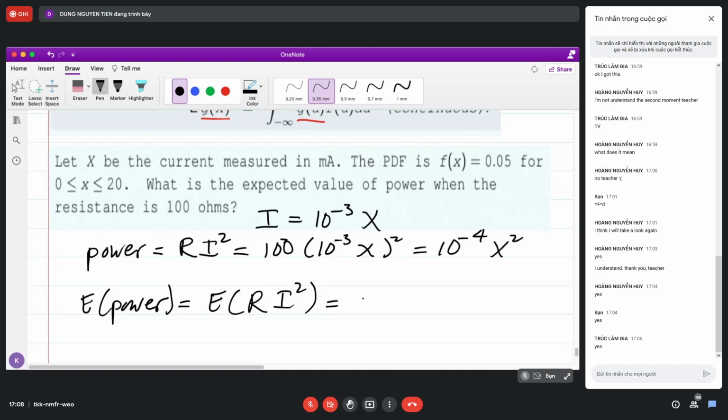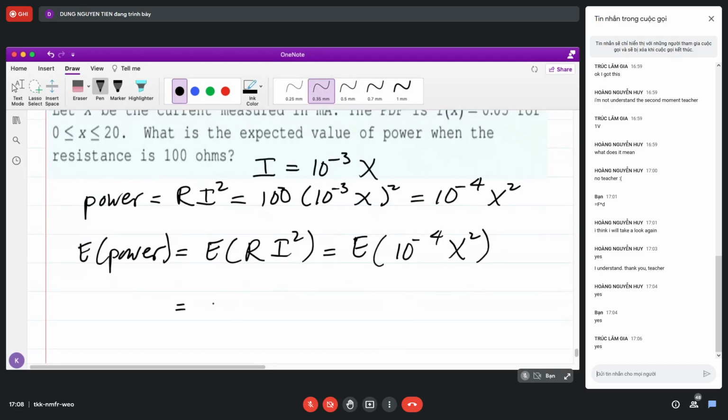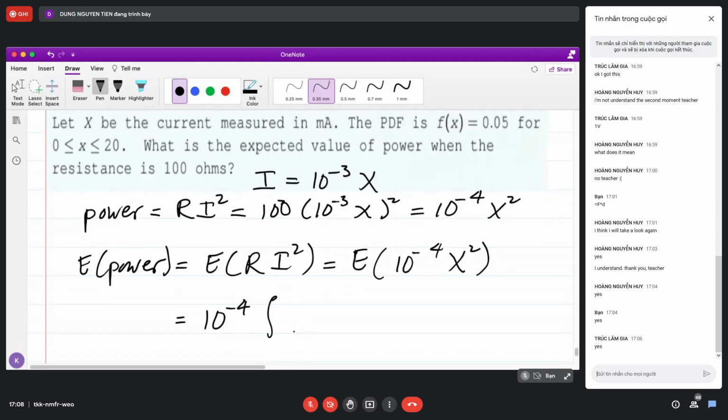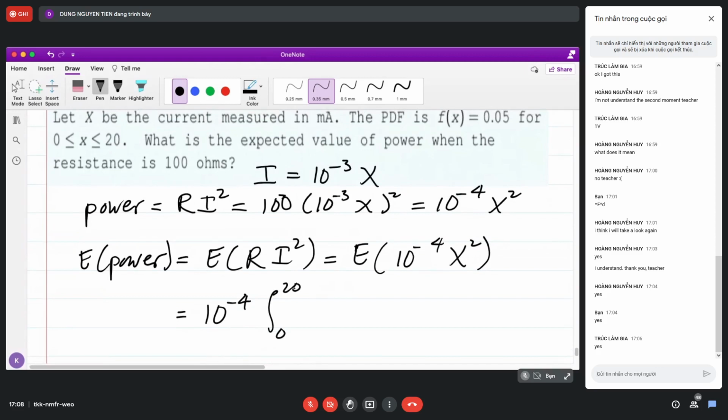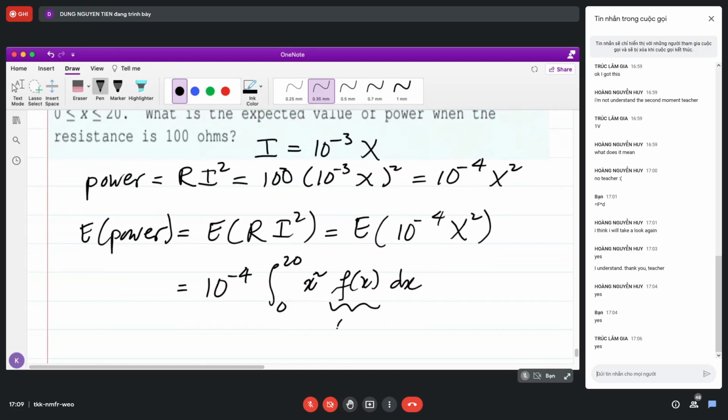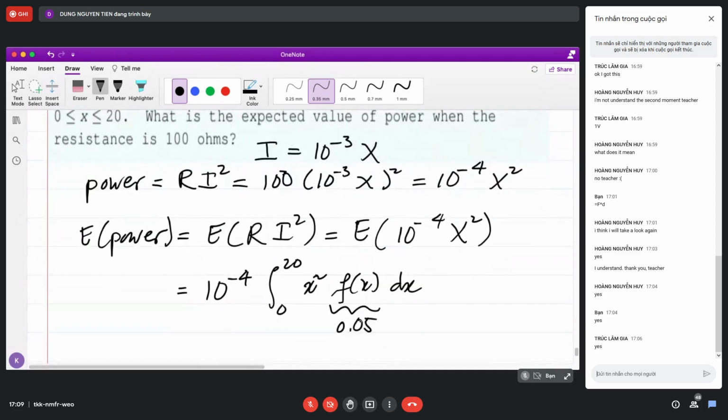So you come up with the mean value of 10 to the minus 4 times x squared. And you get 10 to the minus 4 times the integral from 0 to 20 of x squared times the density function f of x dx. And f of x is simply 0.05. And then you can simply use a calculator to compute this integral to get the answer.